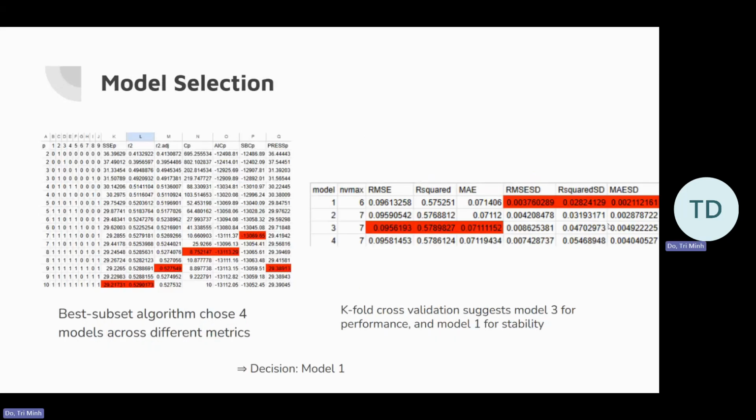To select the model, we use the best subset algorithm, which across 7 metrics suggested 4 best models.